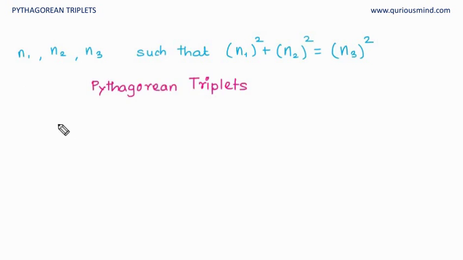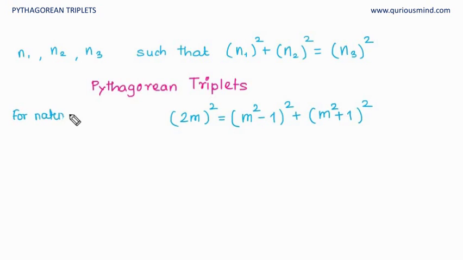For any natural number m, where m is greater than 1, we find this rule, and hence in this case 2m, m square minus 1 and m square plus 1 are three numbers which are actually Pythagorean triplets.